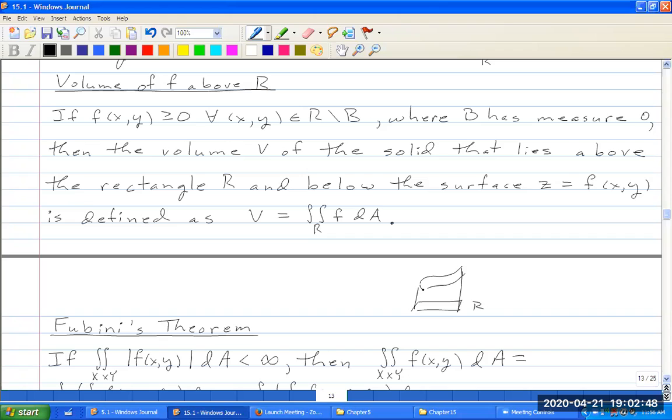There, okay, so it looks like some function above it. Okay, then the volume V is just, so this is some, let's call it z equaling f of x, y. Then the volume under this surface is just given by the integral.